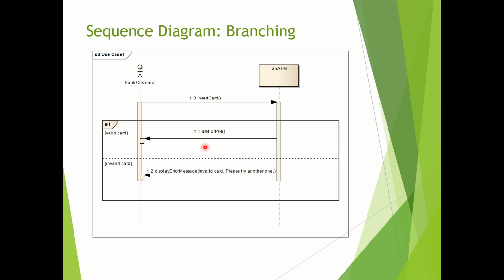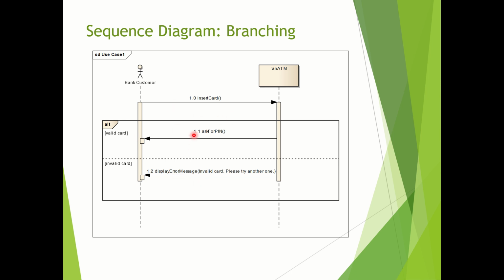Now, this is a simple example of branching. Say you have the bank customer, and when you insert the card into the ATM, it will ask for the PIN. It asks for the PIN from the bank customer, and if it is an invalid card, it has to display an error message or something like that.